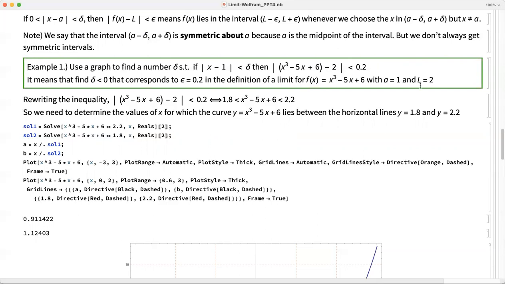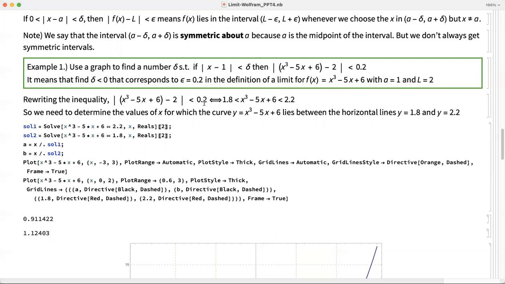So we start from the absolute value of f(x) − L less than 0.2, and before simplifying, we express it as a compound inequality: the absolute value less than 0.2 means that x cubed minus 5x plus 6 is between 1.8 and 2.2.